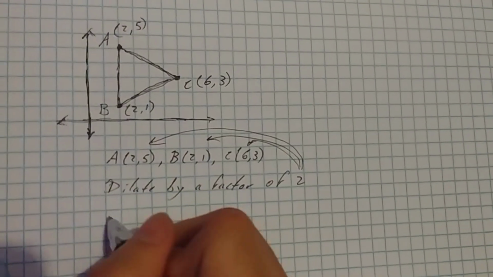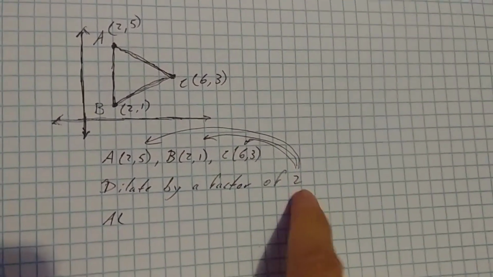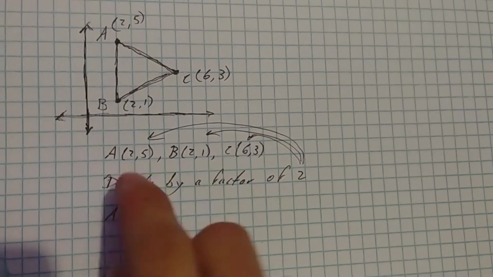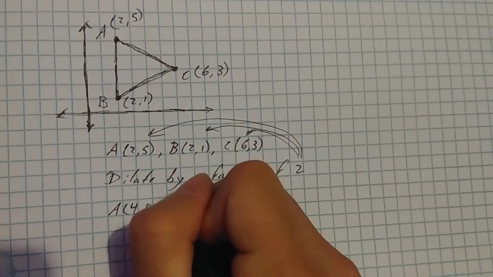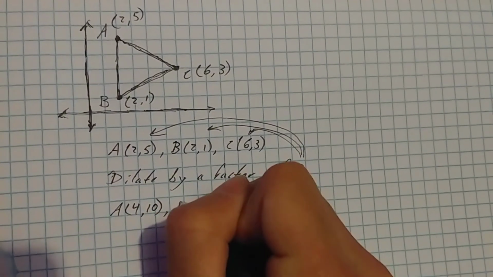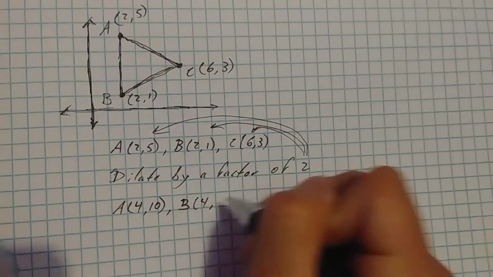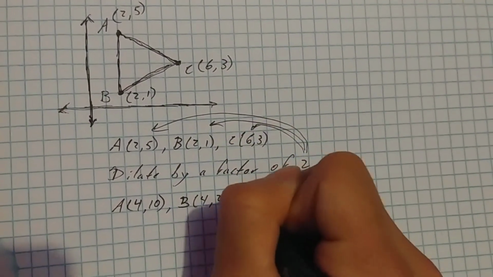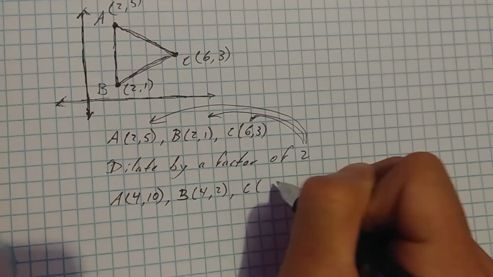So my new dilated figure will be A: 2 times 2 is 4, 2 times 5 is 10. Now B will be 2 times 2, 4, and 2 times 1, 2. My C will be 12 and 6.